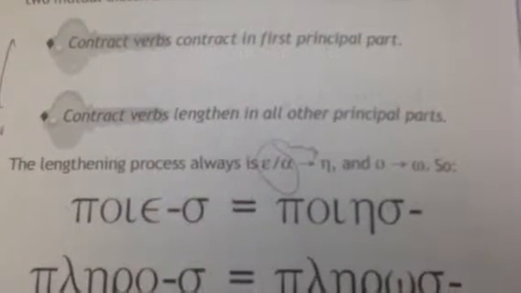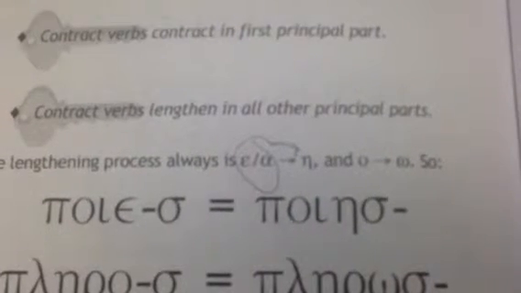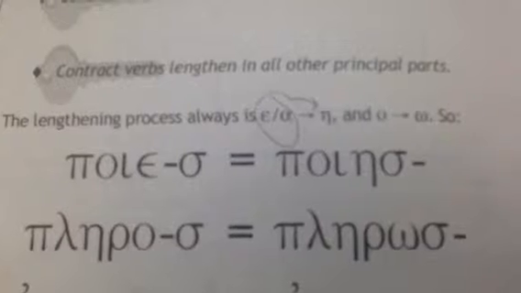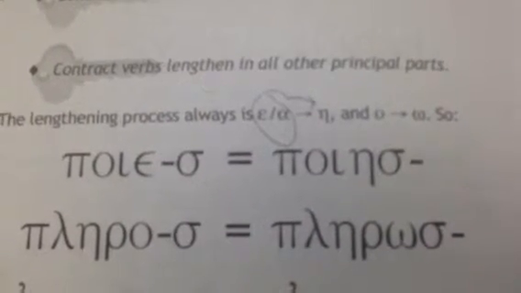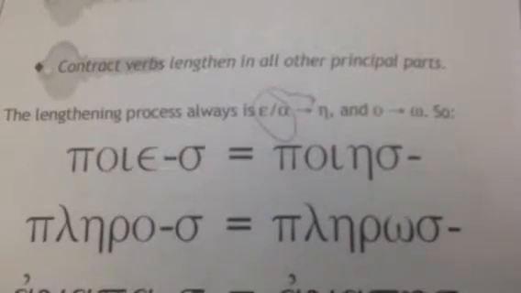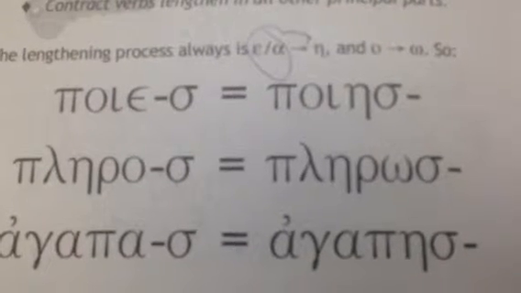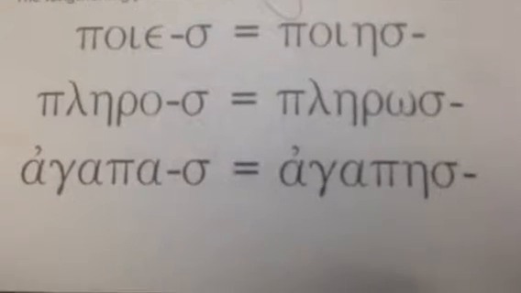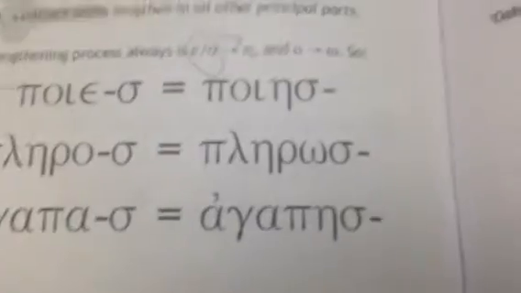So that means for short vowels like the epsilon and alpha, they lengthen to an eta, and for a short vowel like omicron, it lengthens to an omega. So poeo, where you see that it ends in the short vowel epsilon, it would lengthen to an eta before adding the tense suffix of sigma. Pleroo has a short omicron, so the omega is added prior to the tense suffix. Agapao has a short alpha, and so the eta is added to that.